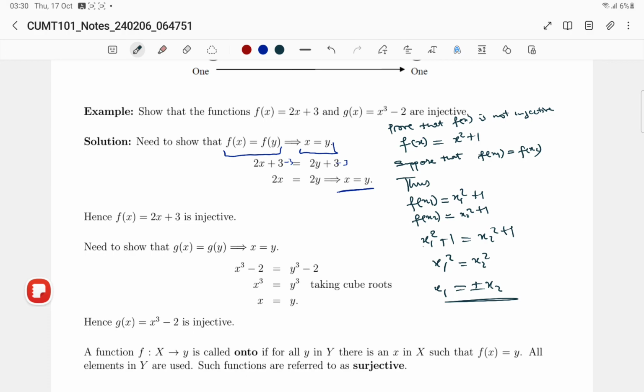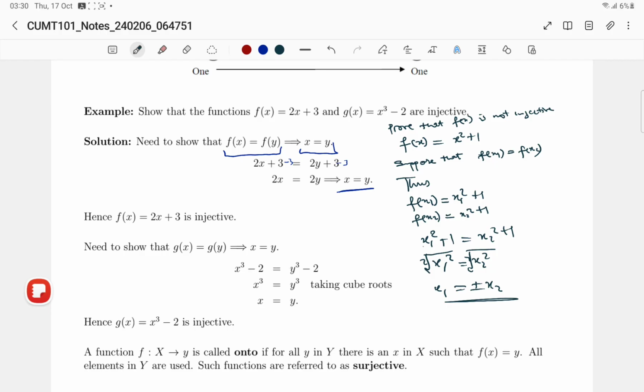It can be conditionally injective when we consider the positive square root only, or the negative square root only.